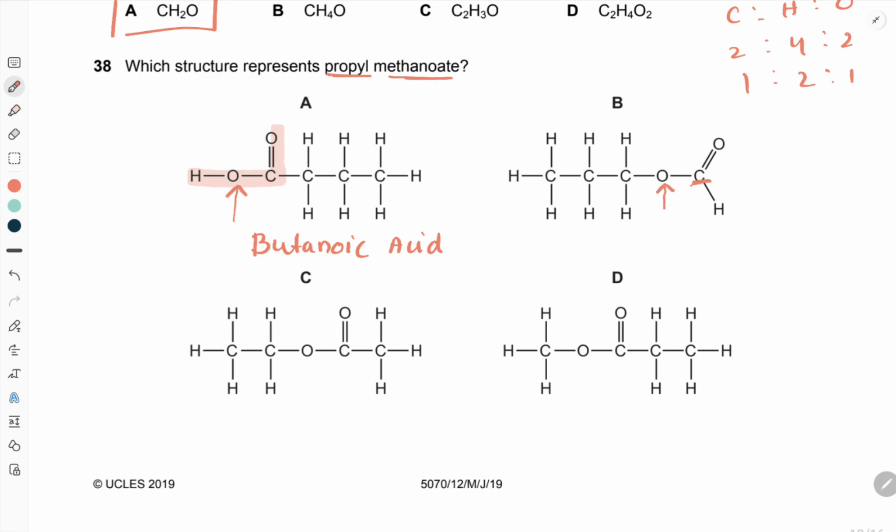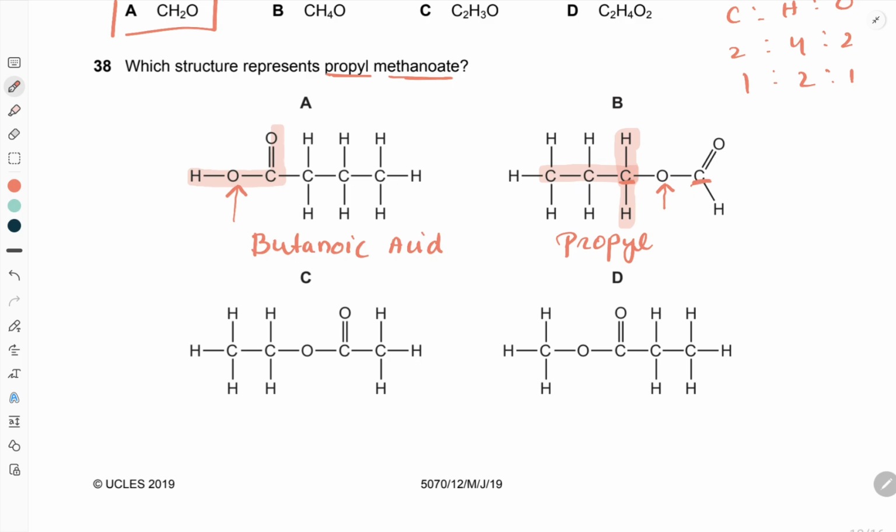On both sides of oxygen you can see carbon atoms directly bonded to oxygen. Now you start naming from that side where the carbon is bonded to hydrogen. On this side we have a total of 3 carbons, so it will be propyl.